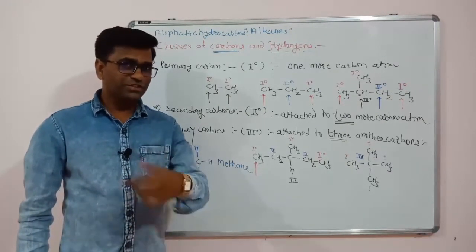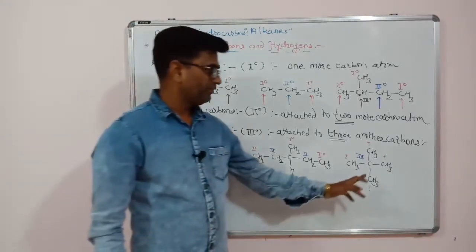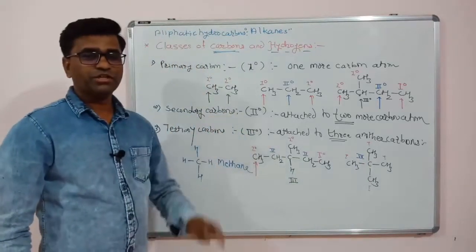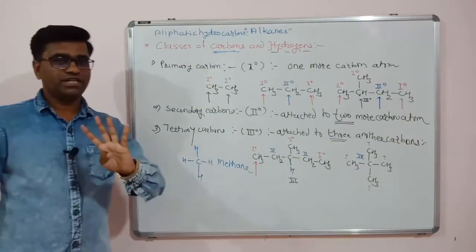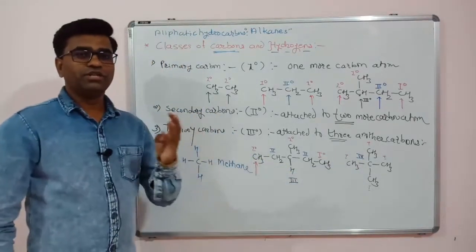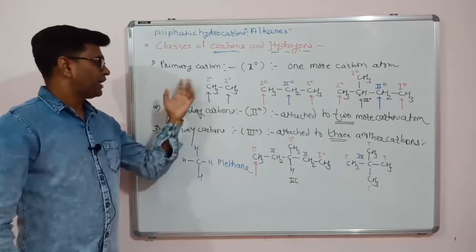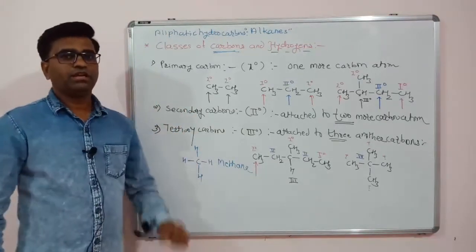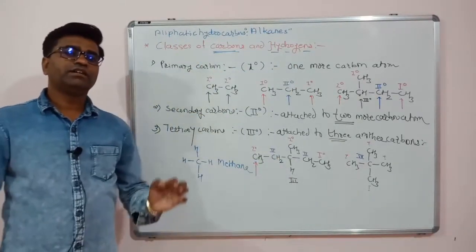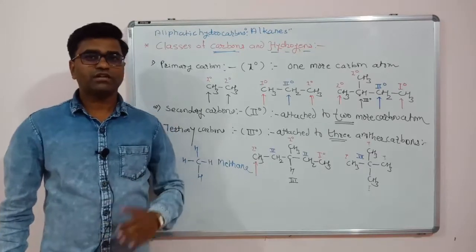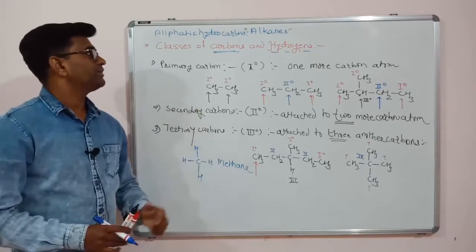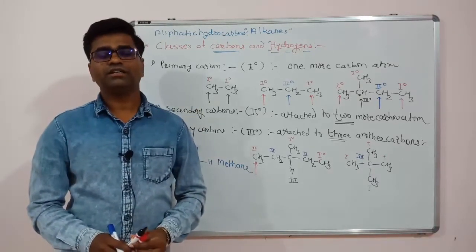See here, if the quaternary carbon is there, there is no hydrogen at all, because it is attached to 4 more carbon atoms. Carbon valence is only 4. So there will be no quaternary hydrogens. Only methyl hydrogen, primary, secondary and tertiary. So this is the classification of carbons and hydrogens, and we learn that all hydrogens or carbons are not the same within alkane molecules.